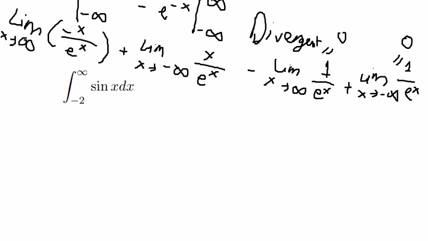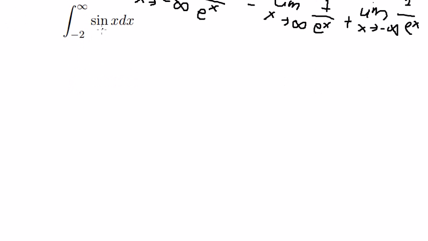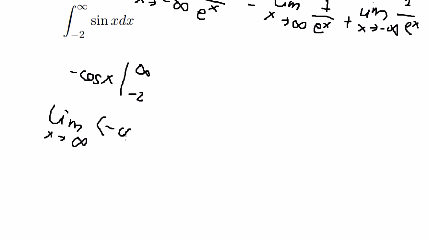Now let's go to the next one. About sine x, we get negative cosine x, and we have the bounds in here. We put the limit of s going to positive infinity of negative cosine x.